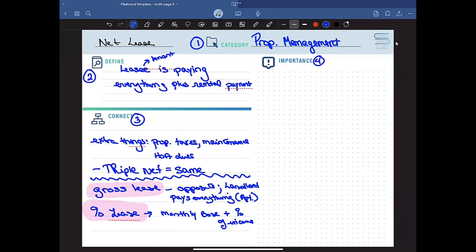If you're going to be in commercial, though this could be in residential too, this becomes very important, because this changes what your client is paying. This affects the client's ability to have a lease.